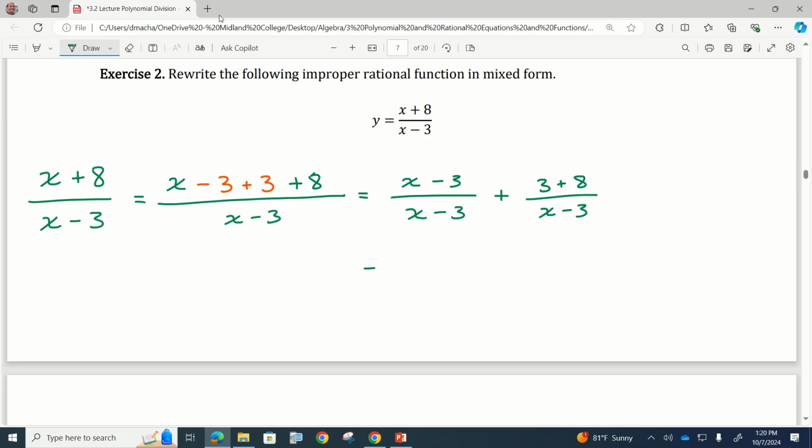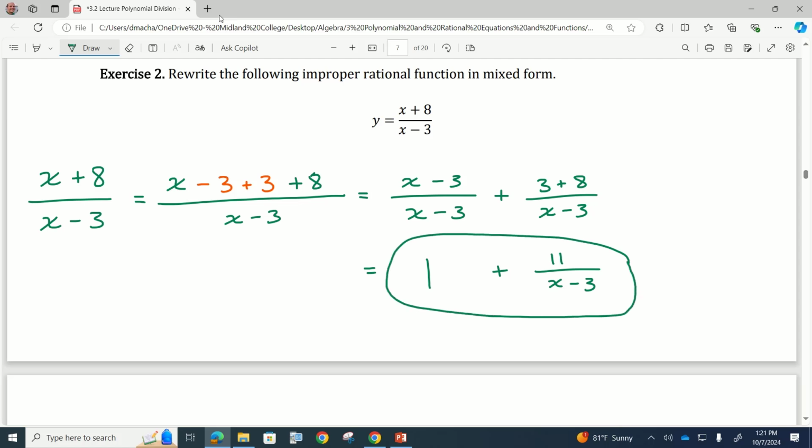You just have to keep the same denominator. And the reason for doing this is because the first fraction is just the number 1. If I've got x minus 3 divided by itself, that's just 1. And then this part is 3 plus 8 divided by x minus 3. And so now I've got a polynomial plus a proper fraction. This is what we call mixed form.